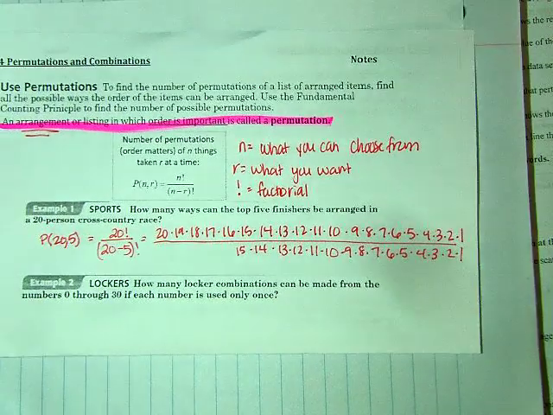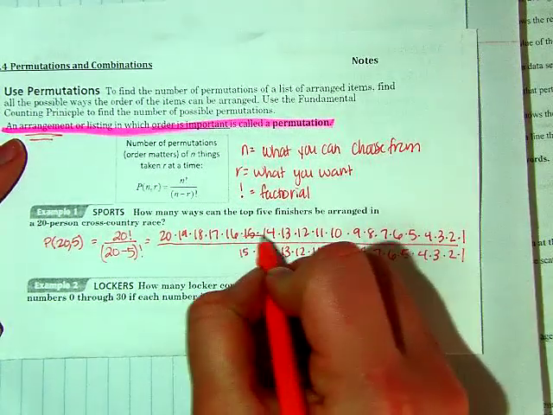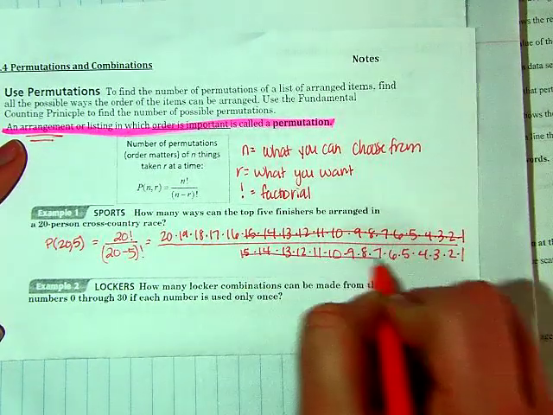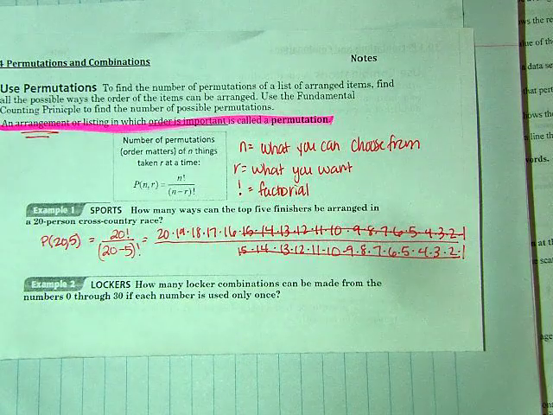Whew. Well, when we have something in the top and the bottom that are the same in a fraction, they simplify out. So all of these are going to simplify, and I'm going to be left with just 20 times 19 times 18 times 17 times 16.